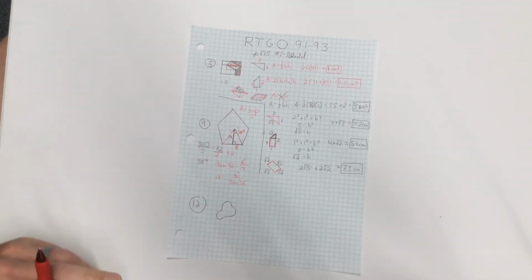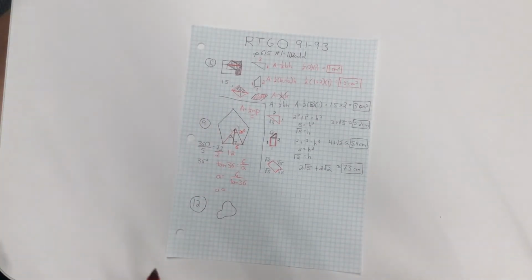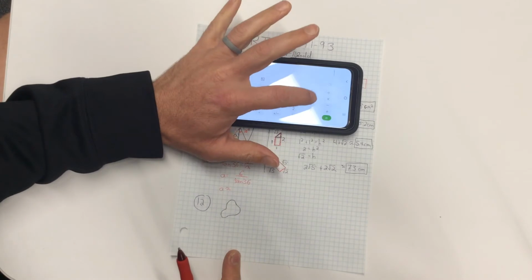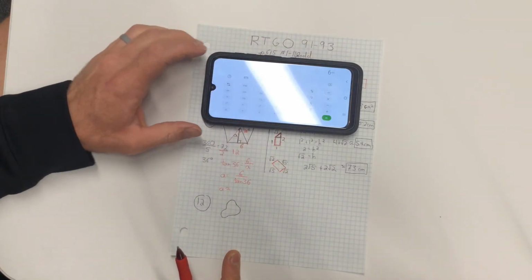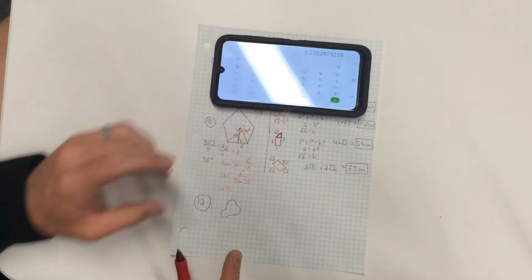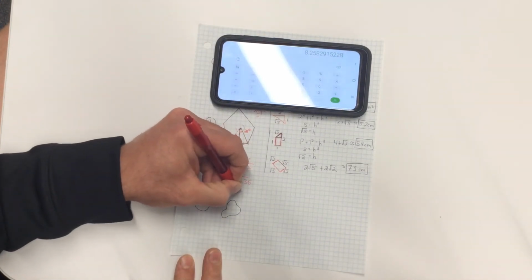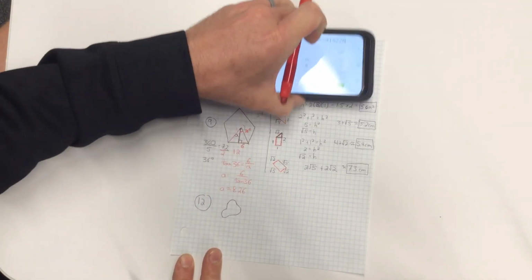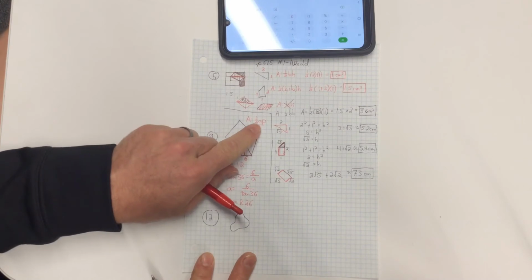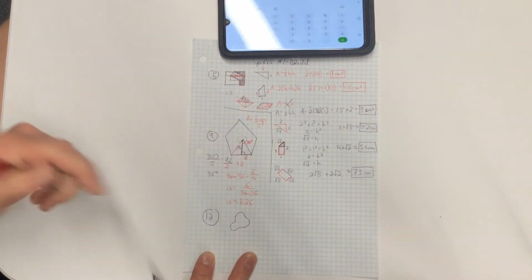So my apothem is approximately 8.26, and now I can plug that into 8.26 times my perimeter divided by 2.